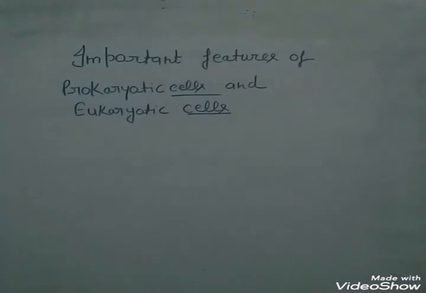In prokaryotic cells, nucleolus is absent, but in eukaryotic cells, nucleolus is present. The cell wall of prokaryotic cells is mostly present, and in eukaryotic cells it is present in plant cells and absent in animal cells.